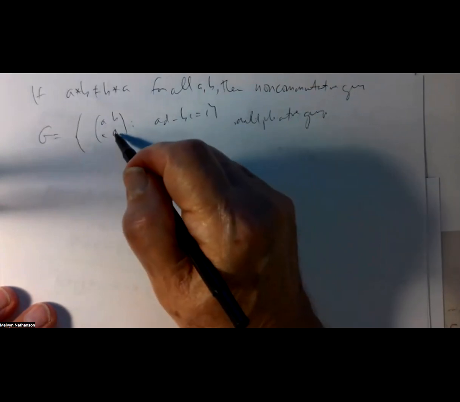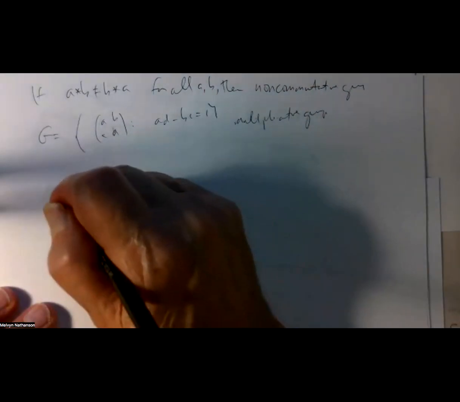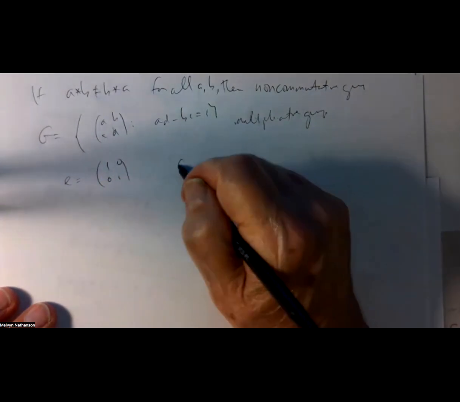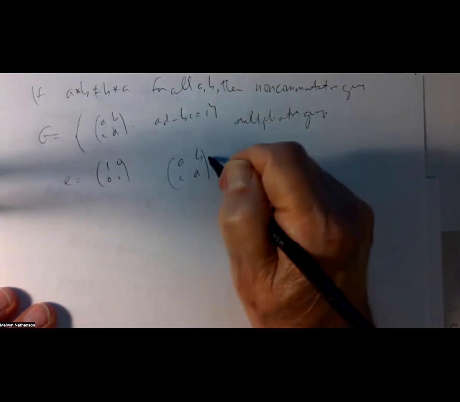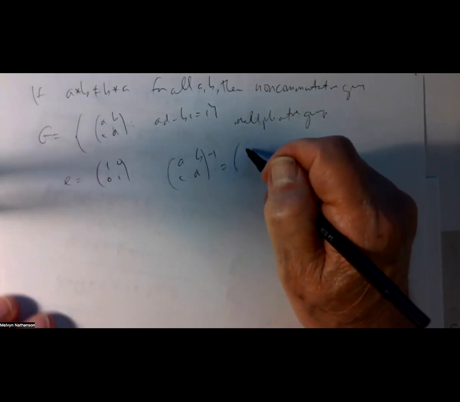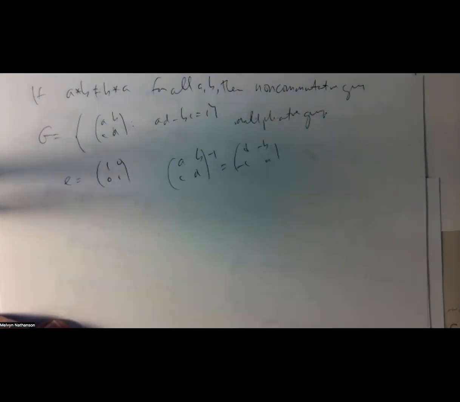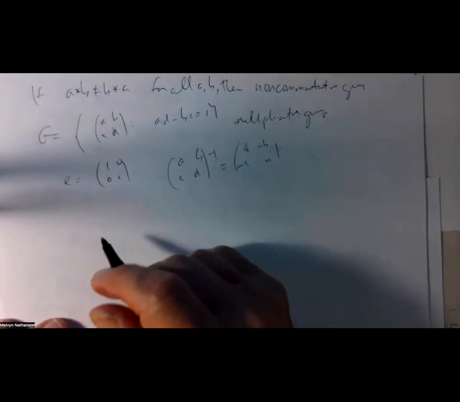Matrix multiplication is associative. The identity is just the matrix 1, 0, 0, 1. And the inverse of (A, B, C, D) is (D, minus B, minus C, A), I think, given that AD minus BC is 1. So the set of 2 by 2 matrices is an example of a multiplicative group.